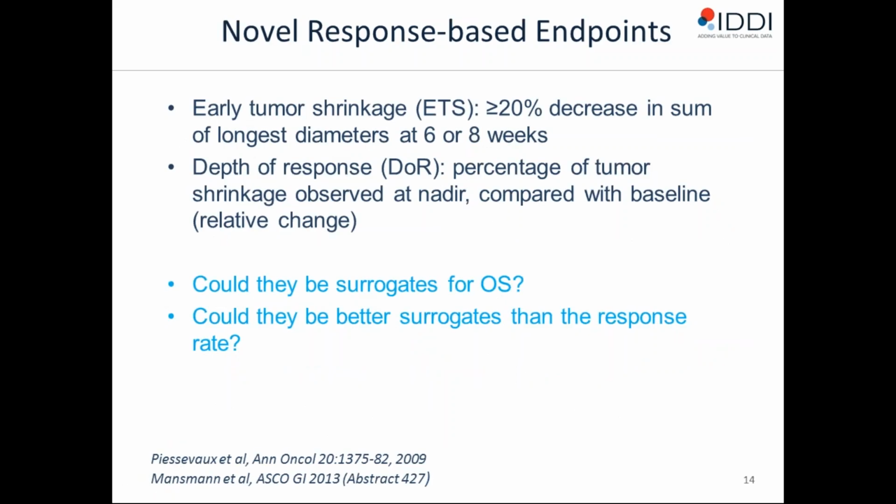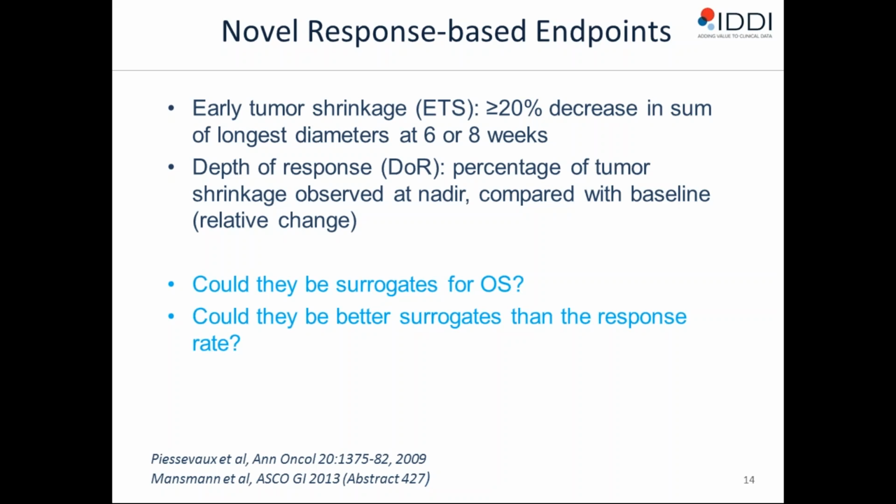So given that response is continuous and can be assessed over time, recently there has been a lot of interest in novel ways of assessing the response to therapy. And the two ones that are more often talked about are the early tumor shrinkage and the depth of response.